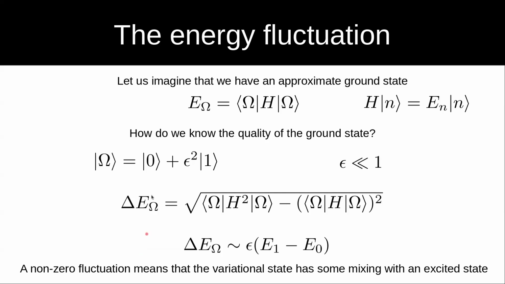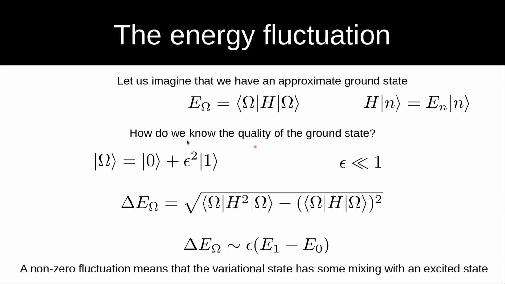Let us imagine that you have a matrix product state omega that you believe is the ground state, or close enough to the ground state. The energy of this state, or the expectation value of the Hamiltonian for this state, is E omega. And I know that my many-body Hamiltonian is diagonalizable, and that it has a set of eigenstates. How do we know how close to one of the eigenstates omega is?